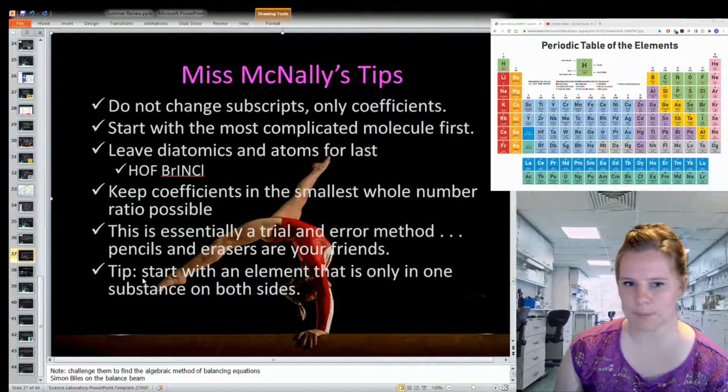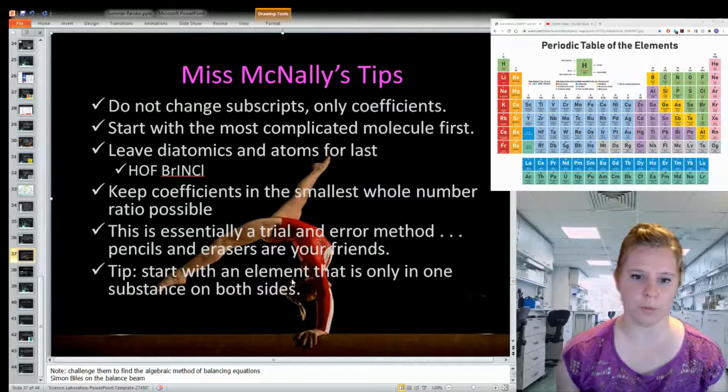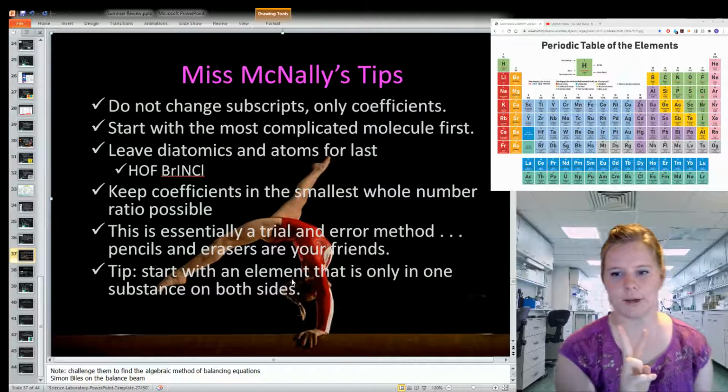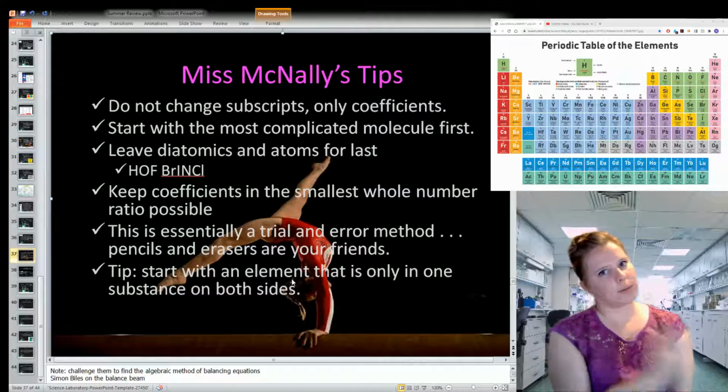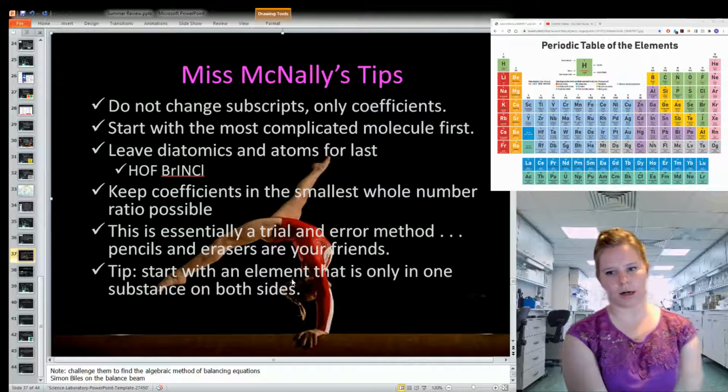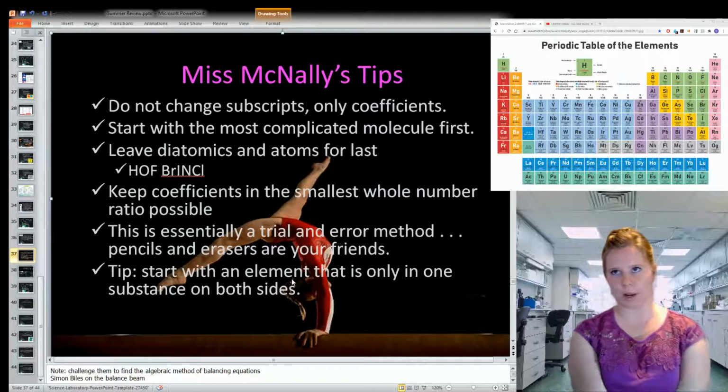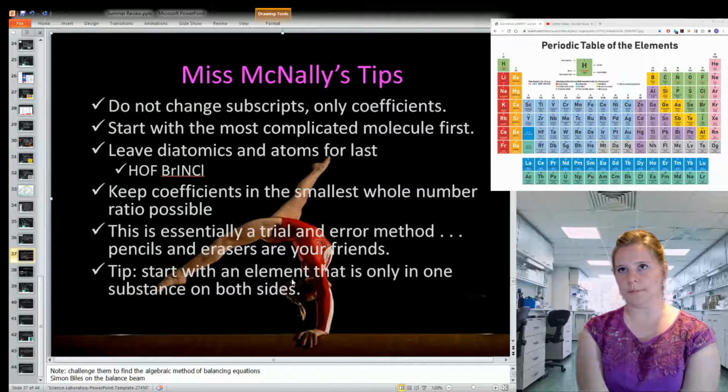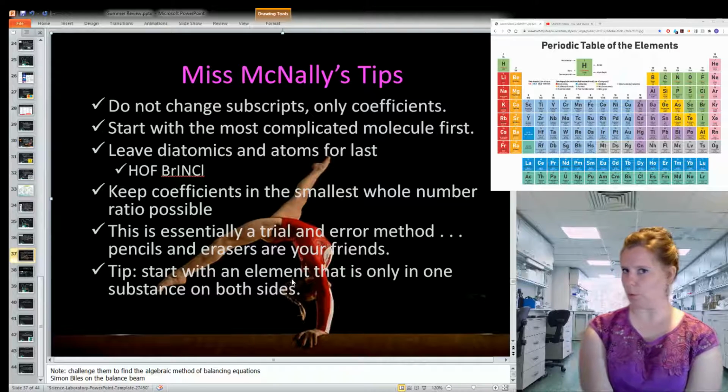Okay, and then tip from me, start with the element that is only in one substance on both sides. Things that are going to be hard to balance are problems where something shows up in more than one place.